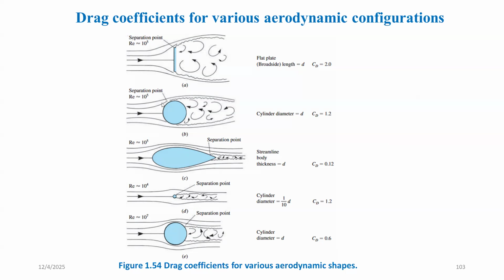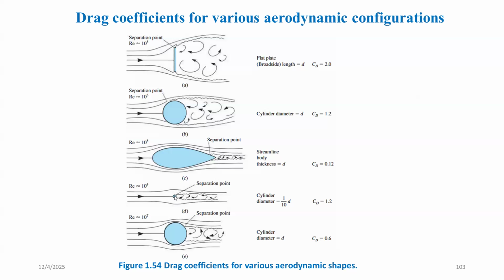For a circular body, the drag coefficient is 1.2. And when we come to the streamlined aerofoil shape, you can find a drag of 0.12, which is smaller than the others.